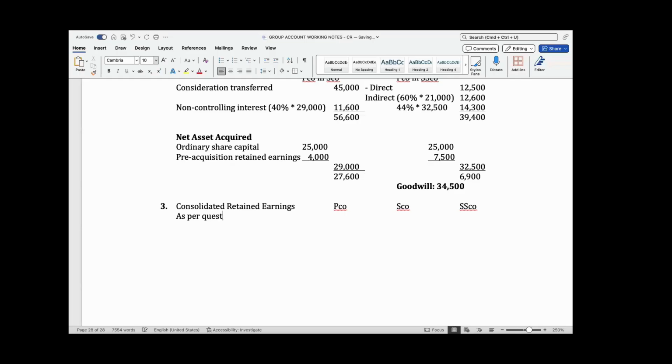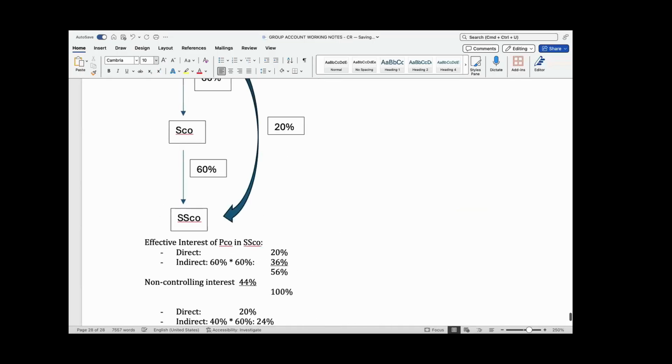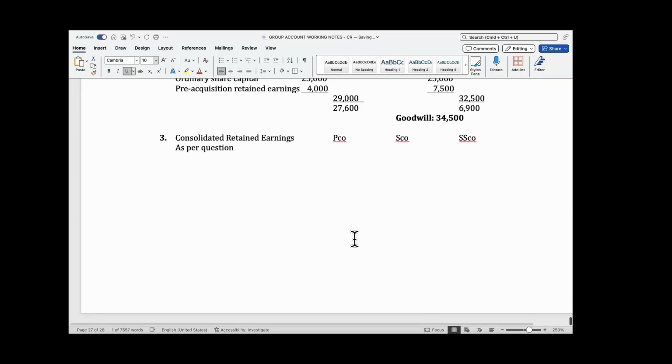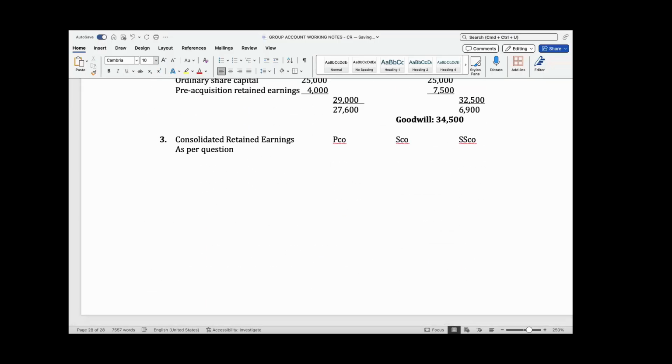As per question, what were our retained earnings? 16,125. Oh, I didn't note this one.